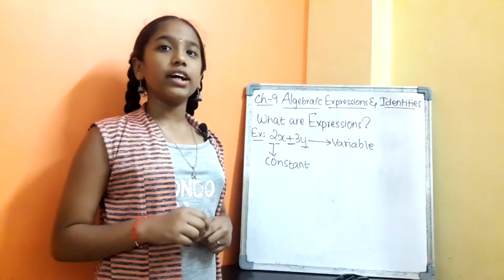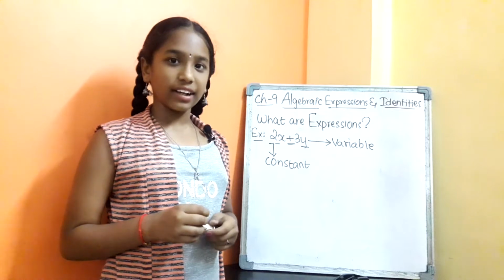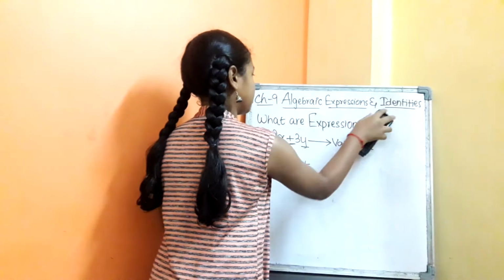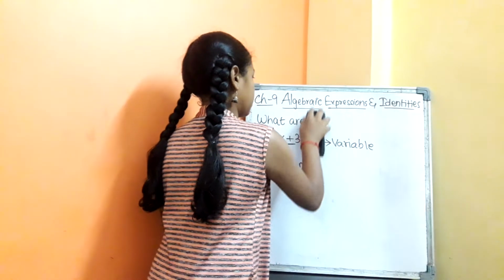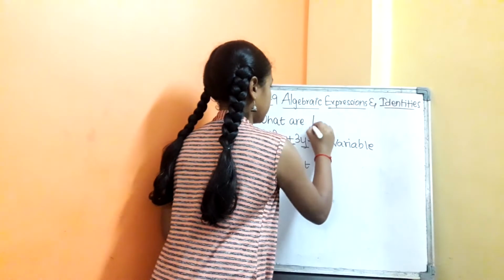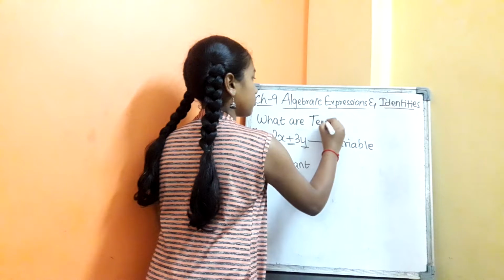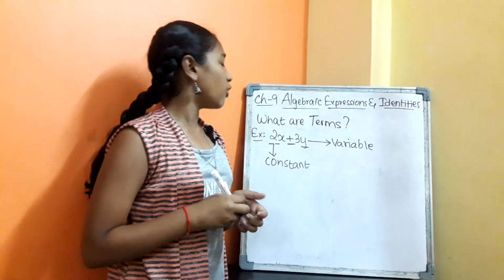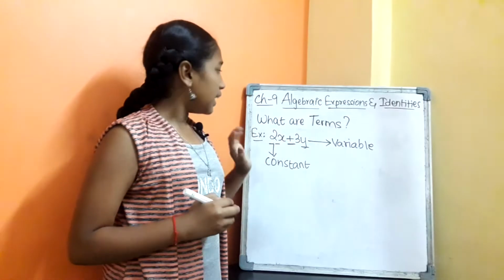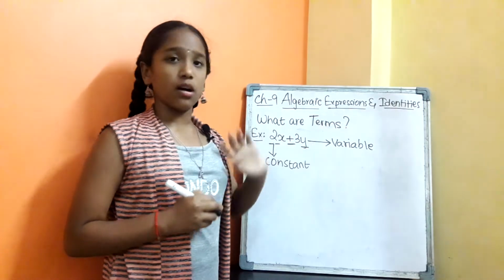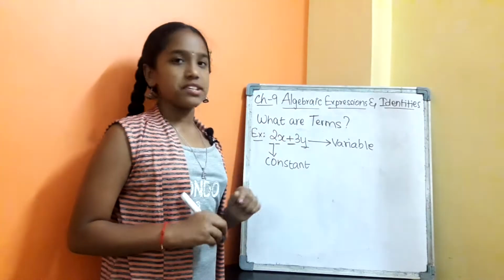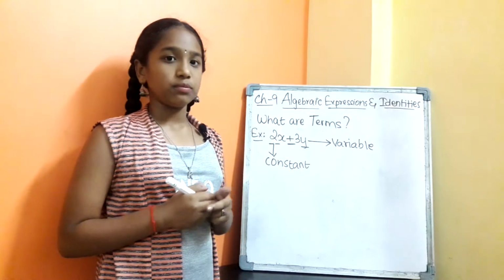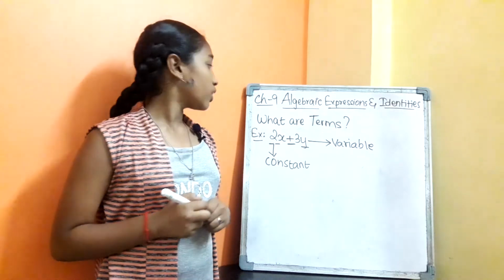Now let's see what are terms, factors and coefficients. Okay, what are terms? When you look at terms, the numerical operation in the expression plays a major role, that is a medium.